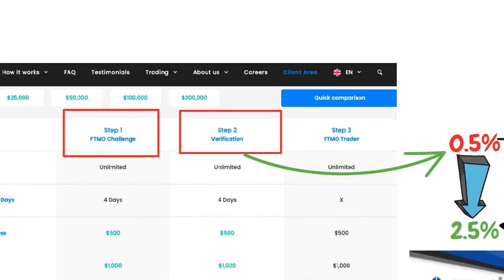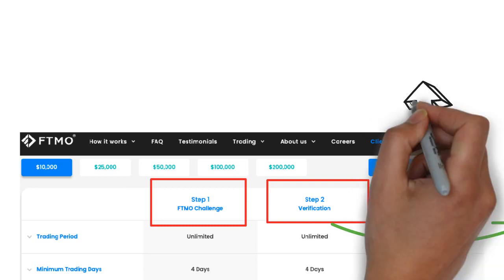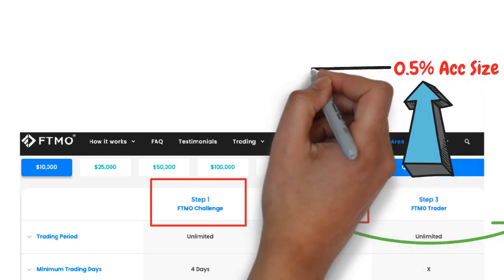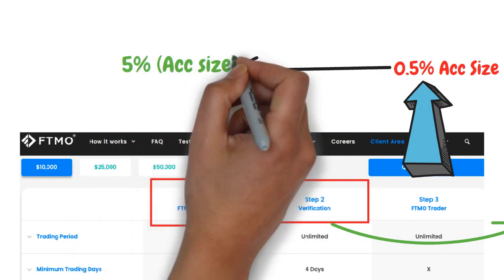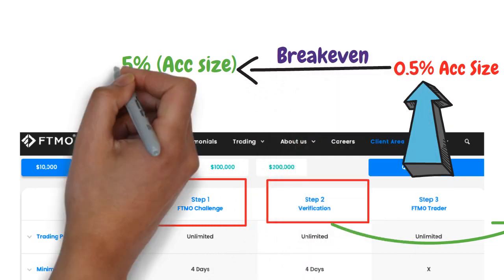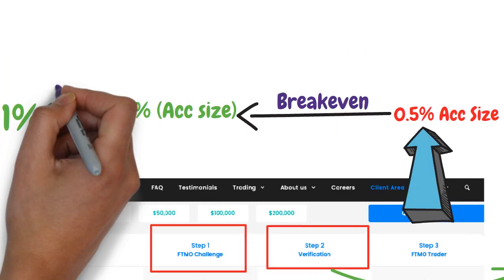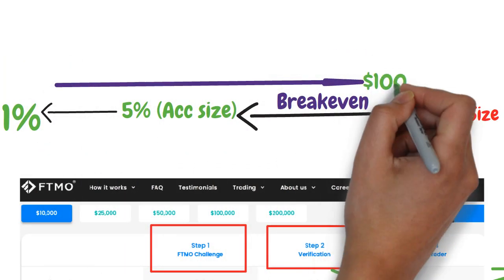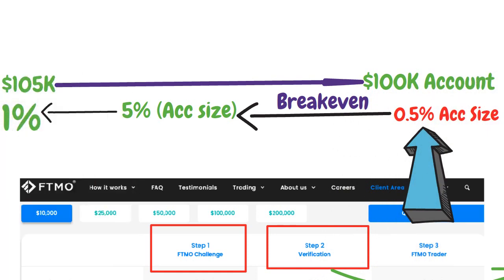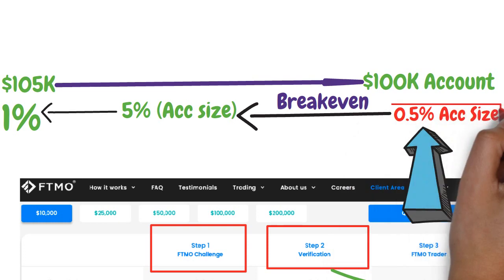Now when it comes to the funded account, this is where things get a little bit different. With the funded account, I start off by risking 0.5% all the way until I get to a 5% gain. Once I'm up, between that 5% gain and break even, I risk 1%. Again, if I go all the way back down to break even, let's say I had a 100k account, I was up to 105k, now I'm at 100k again, I'm going back down to that half a percent risk.